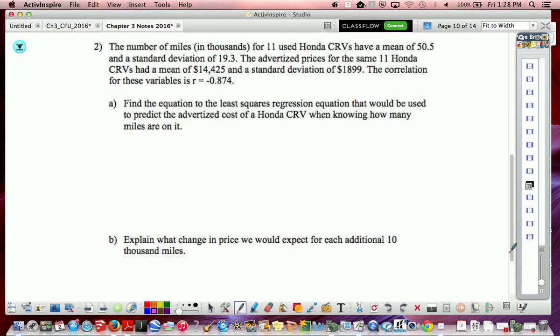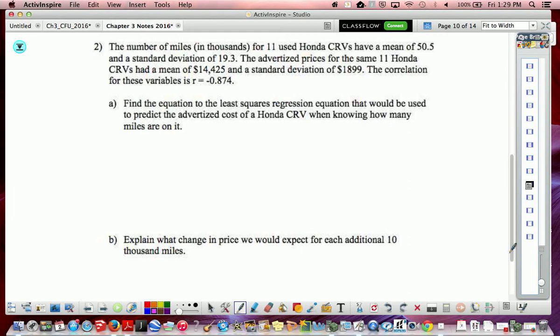The advertised price for those same 11 CR-Vs has a mean of $14,425 and a standard deviation of $1,899. Sorry. Correlation for these variables is negative 0.872. A says find the equation of the least squares regression equation that would be used to predict the advertised cost of the Honda CR-V when knowing how many miles are on it.